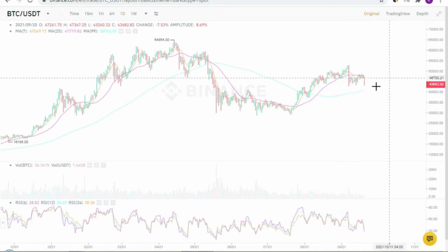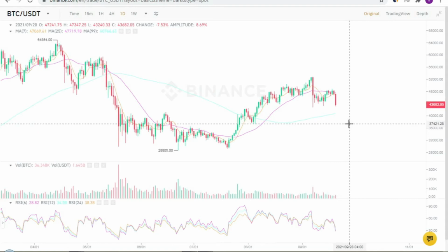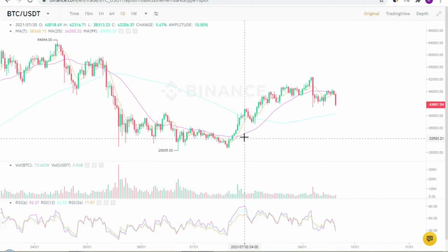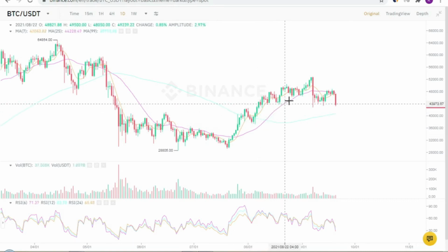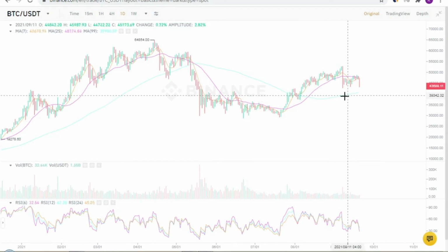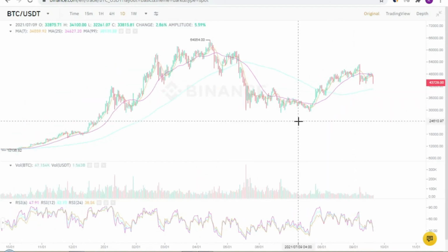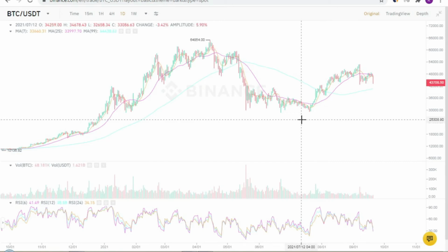So you can also use these moving averages to immediately see what trend you are in. When the 50-day moving average is going up, you know you are in an uptrend. When the 200-day moving average is curved up, we are also in an uptrend.